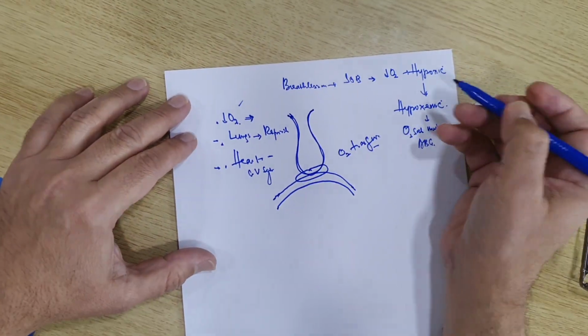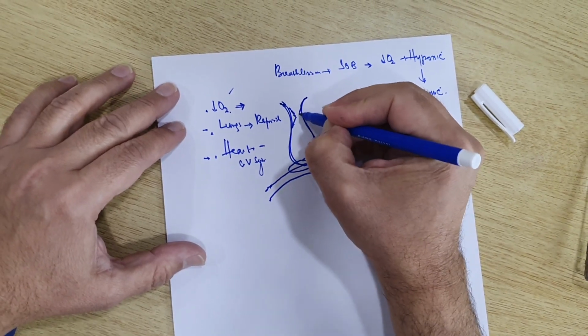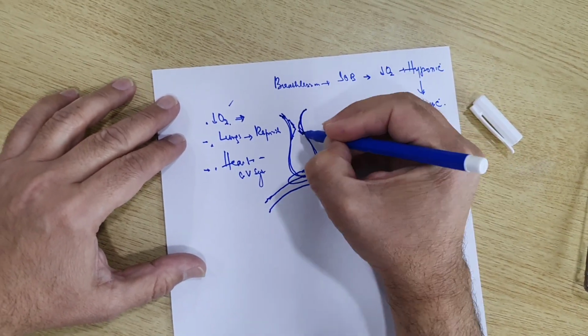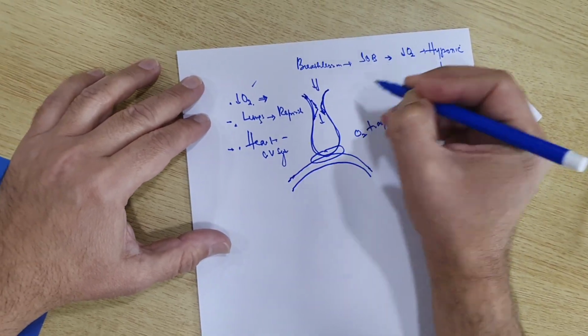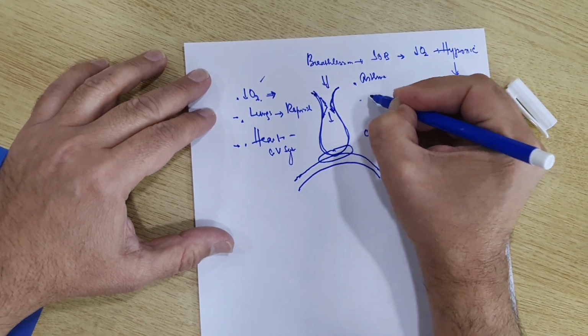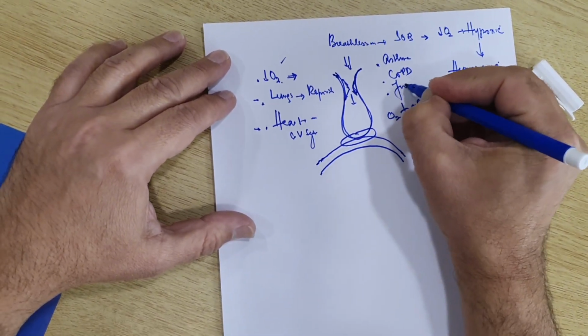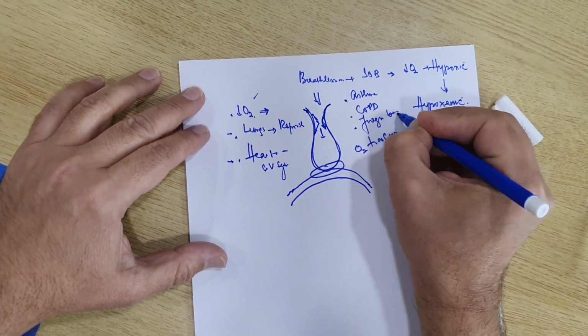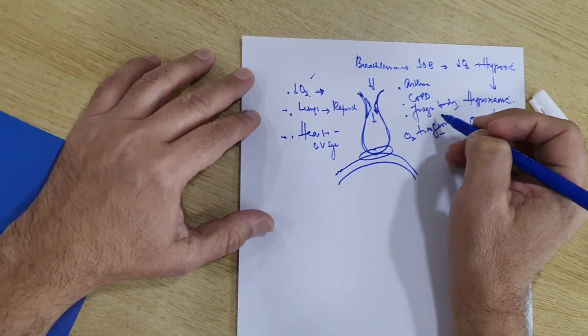Now, if somebody has a problem with the lungs, either they had narrowing, which means reduced oxygen entering the lung. So either you had asthma, or COPD, or a foreign body impacted. But for a foreign body to be impacted in the lower part of the lung is pretty uncommon.